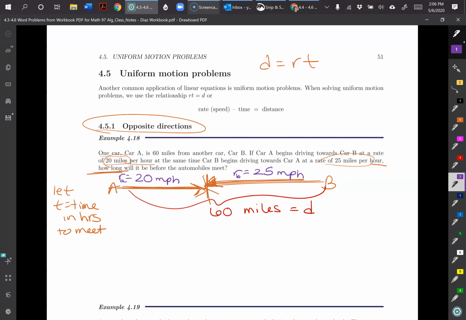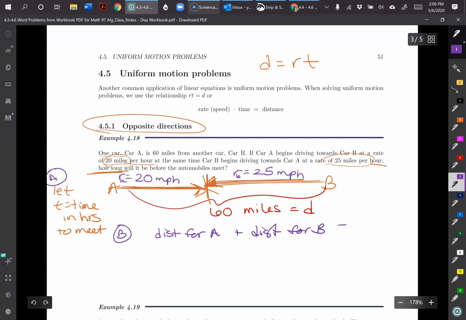So if we know that the total distance is 60, we can say, this is our little phrase, the distance for A plus the distance for B equals total distance. To find distance for A, we would do the rate of A times the time of A. Same here.